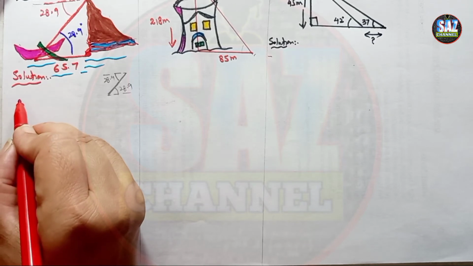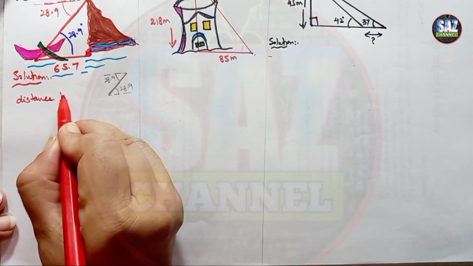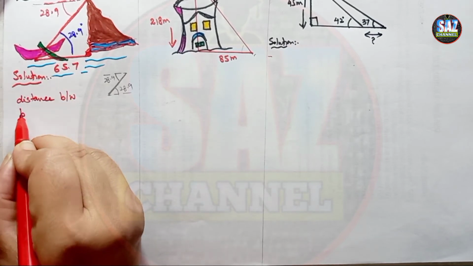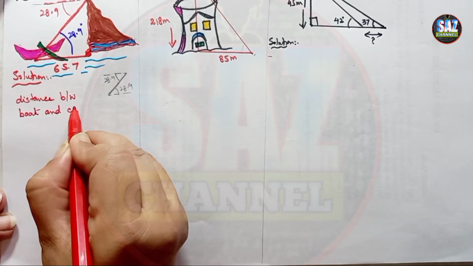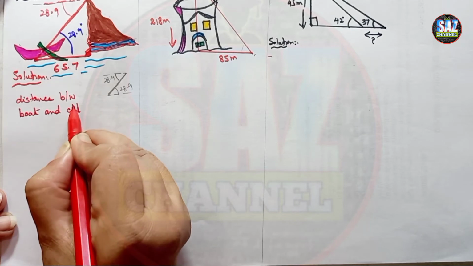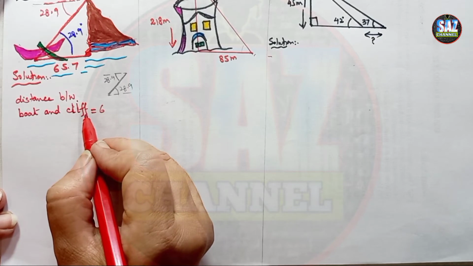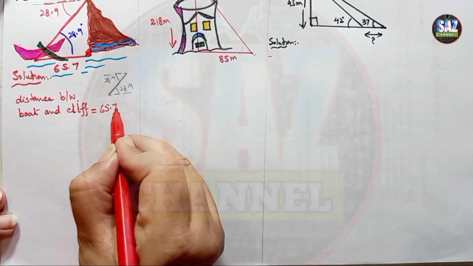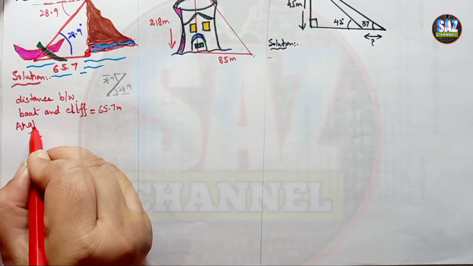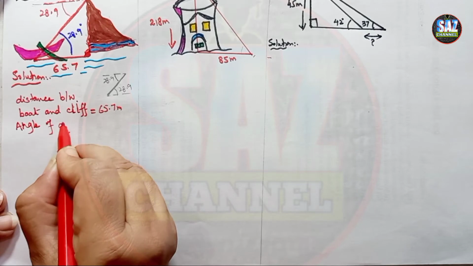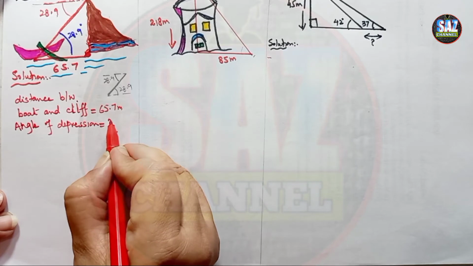Okay, now it's the time to write down short statements. The distance between the boat and the cliff is 65.7 meters. The angle of depression is 28.9 degrees.